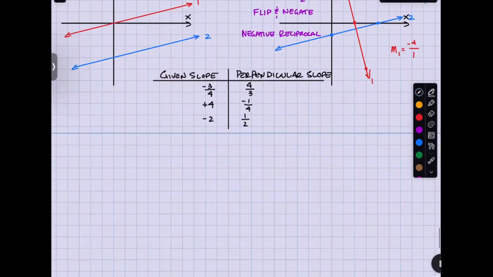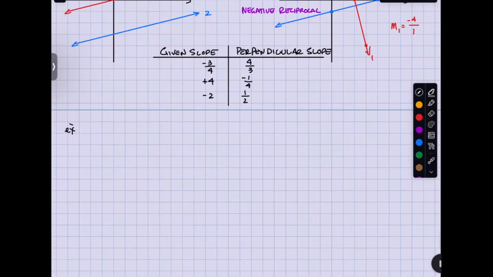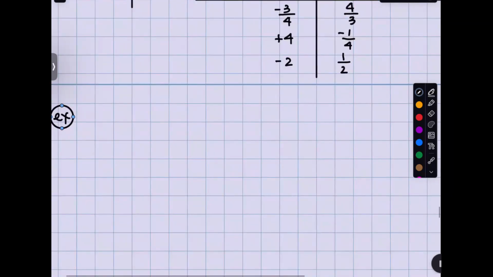So, and you're going to look at this example going, okay, how does this help me? So let's say I have x plus 4y equals negative 10, and 4x plus 5y equals 4.